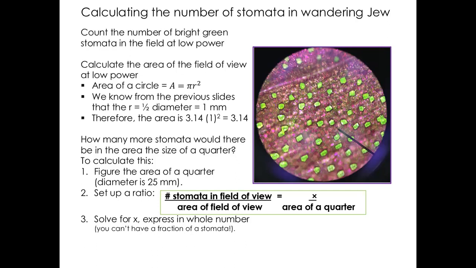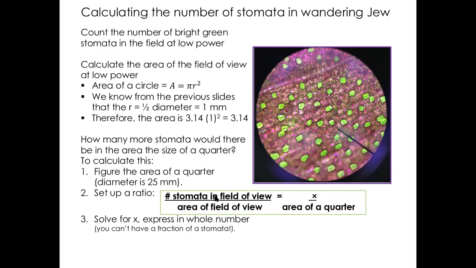Okay. So we can now set up a ratio and figure out how many stomata would be in that area of a quarter. So we have our original numbers here: the number of stomata in our field of view, which we said was about 50, and the area of the field of view, which is 3.14 millimeters squared, equals x, the number of stomata we're looking for in the area the size of the quarter.